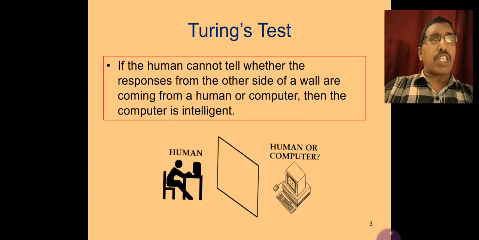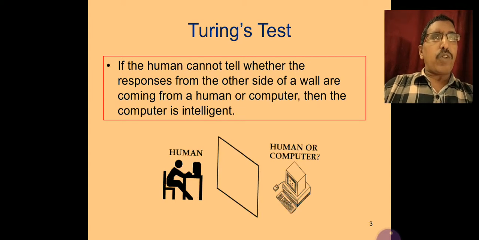Now he asks a question on his personal computer, and he gets an answer from the computer sitting opposite him, separated by a wall. While seeing the answer, if he thinks that the answer is not given by a computer but by a human being, then the computer is said to be successfully mimicking human behavior. This is the famous Turing test. So the Turing test is a benchmark to test whether a computer is artificially intelligent.